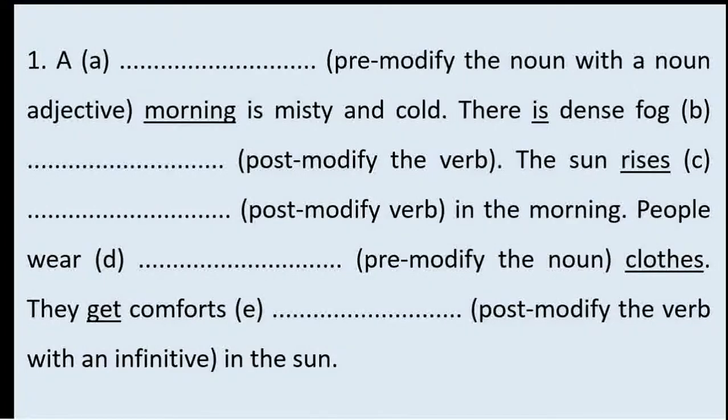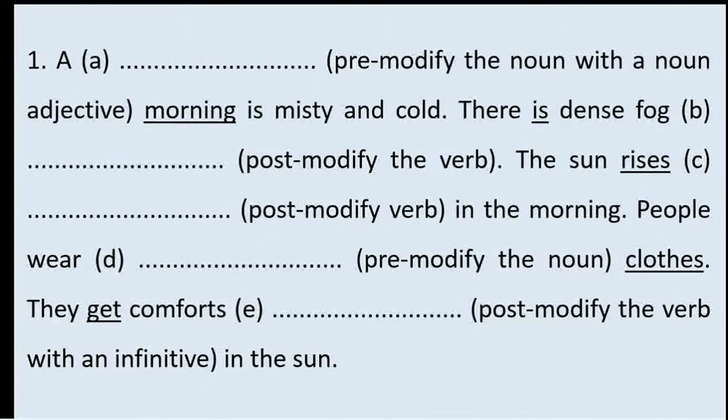A summer morning is misty and cold. The sentence is grammatically correct, but the sense is not correct. So actually we should write the word winter, not summer. Here the answer will be winter. A winter morning is misty and cold.